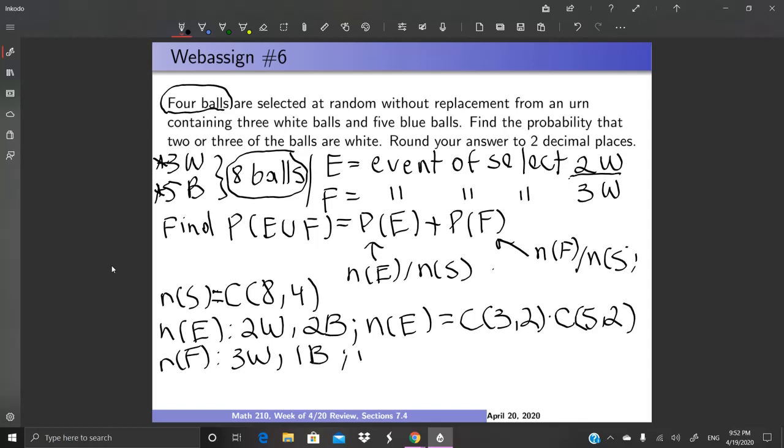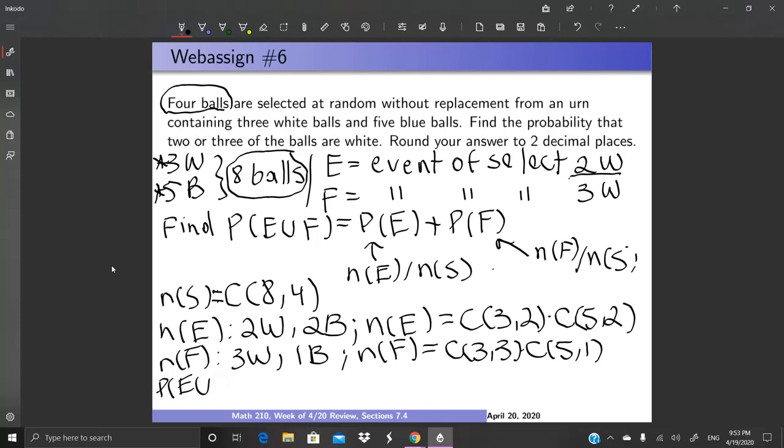So N of F is equal to, how many white do we have? 3, and we're choosing all 3 of the white balls, so 3 choose 3, times the number of ways of selecting the blue balls, of which there are 5, but you're choosing only 1. You multiply these combinations here.